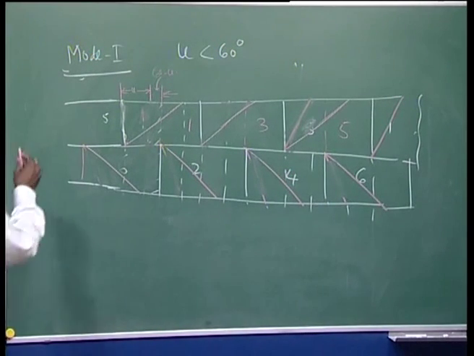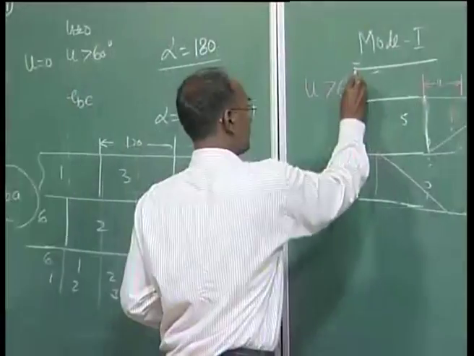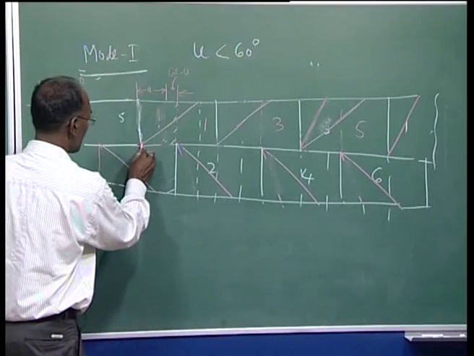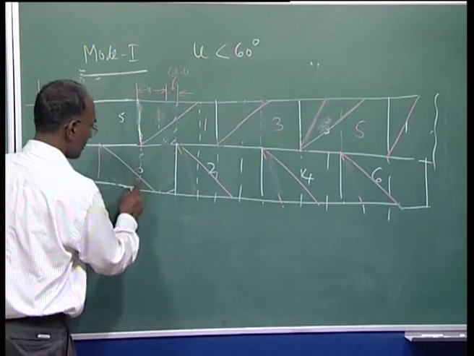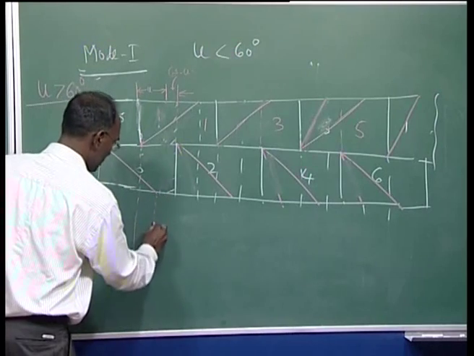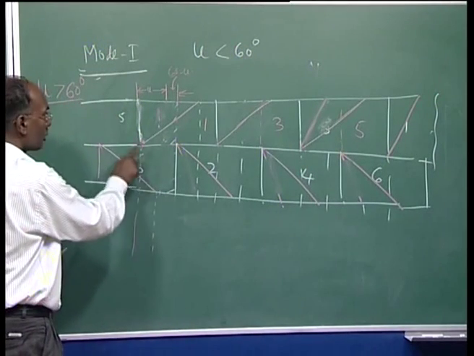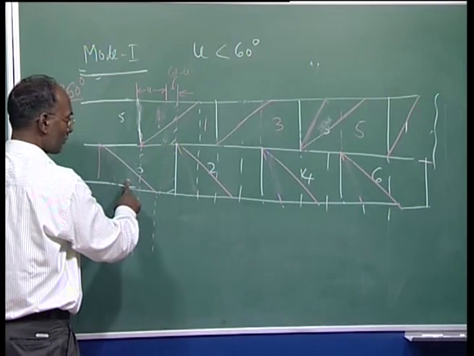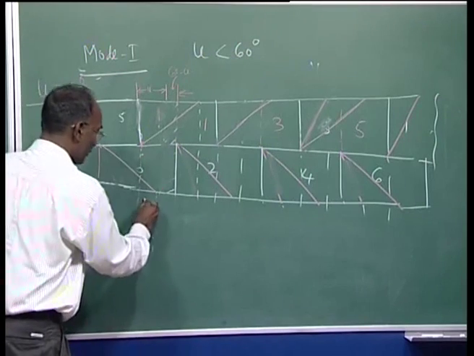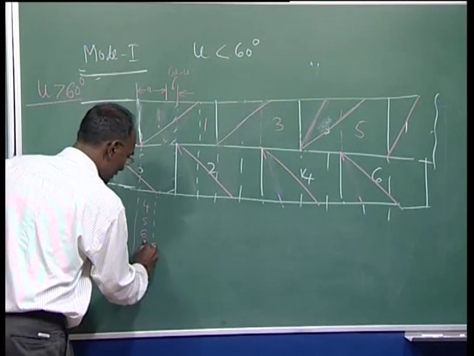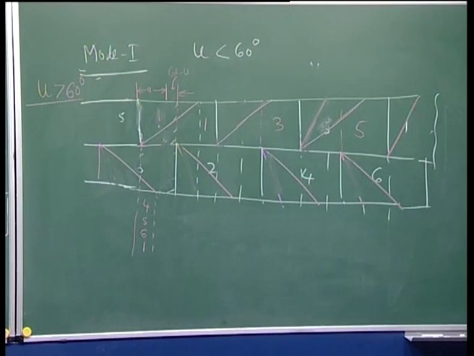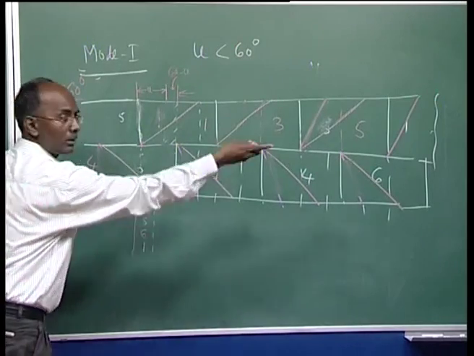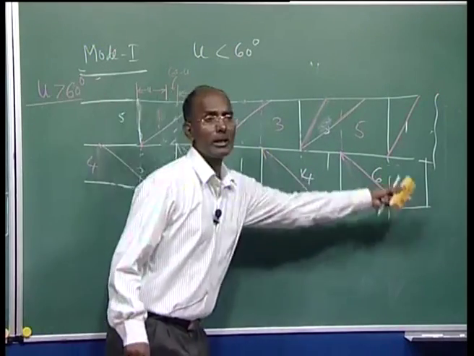In this case, we are now going to talk about U greater than 60. Now we can take any portion at this point. You can see at this portion between this 5th, 1, 6 and this was 4. So we are getting 4, 5, 6 and 1 conducting. See, this was 4 6 2, like this 4 6 2 4 6 and again it is cyclic.